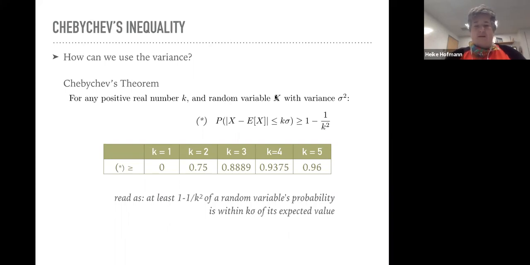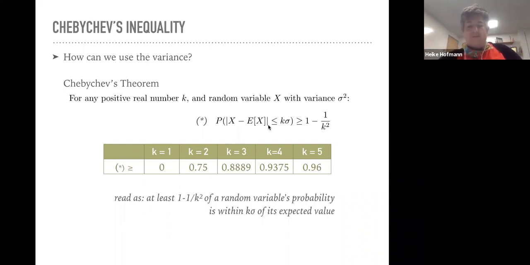So we only know its variance, and we probably should better know the expected value of x, but we don't know anything about the specific probability. So we know the expected value, and we can say that the probability to stay within a distance of k sigma from the expected value is greater than or equal to 1 minus 1 over k squared.